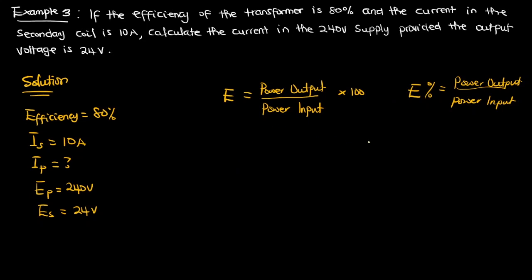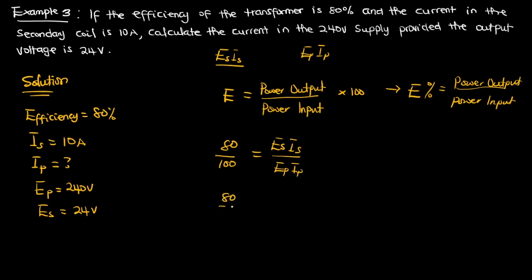Which is what we are going to do now. What is power output? Power output is voltage times current, so it's equal to ESIS. Then the power input is EPIP. So the efficiency, we are going to use this version of the formula. The efficiency given to us is 80%, so 80 over 100 is equal to ES multiplied by IS over EP multiplied by IP.